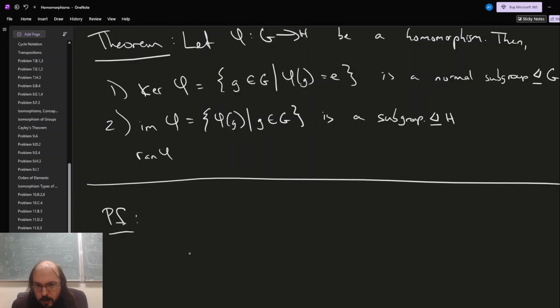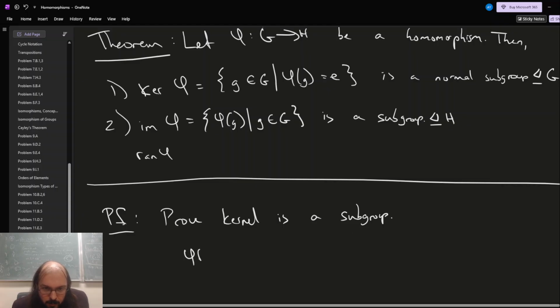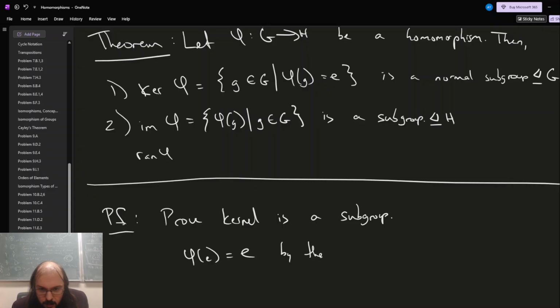So for the kernel, the first thing we do is prove that it is a subgroup. Well, phi of e equals e by theorem 1 of this video, and so e is in the kernel of phi.